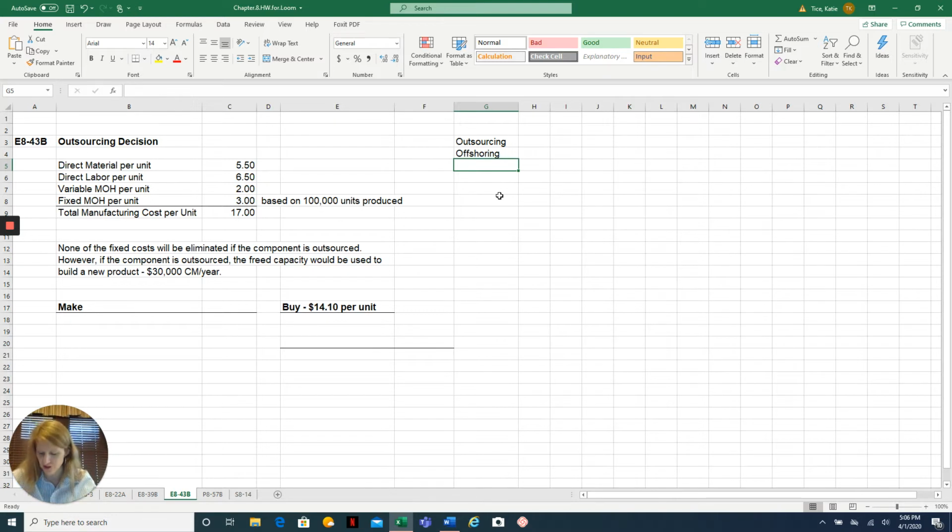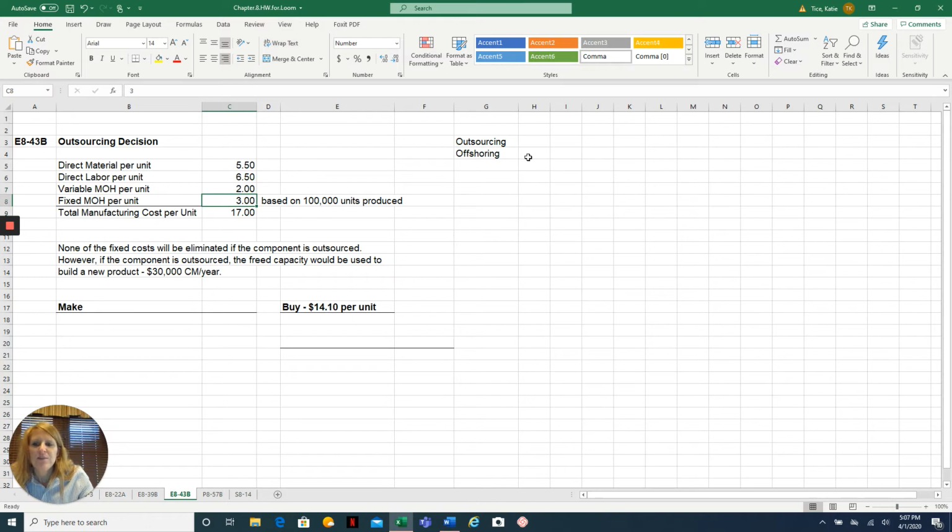So when we look at exercise 8-43B, I've listed most of the important parts of the problem here. It's telling us that right now, this company is producing a component, and according to our calculations, the component costs us $17 per unit to produce. That's direct materials of $5.50 per unit, direct labor of $6.50 per unit, variable manufacturing overhead, which would be things like indirect materials and utilities, of $2 per unit.